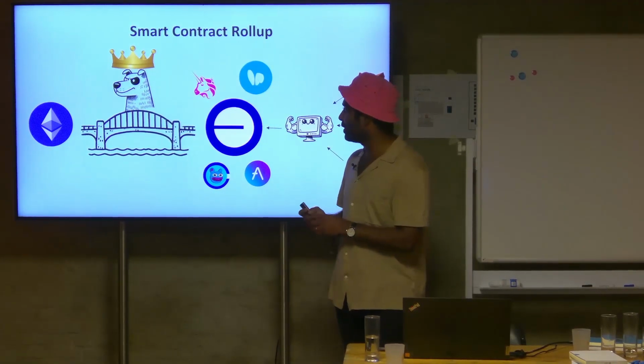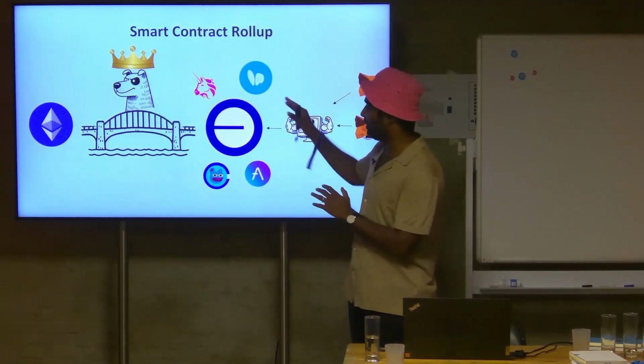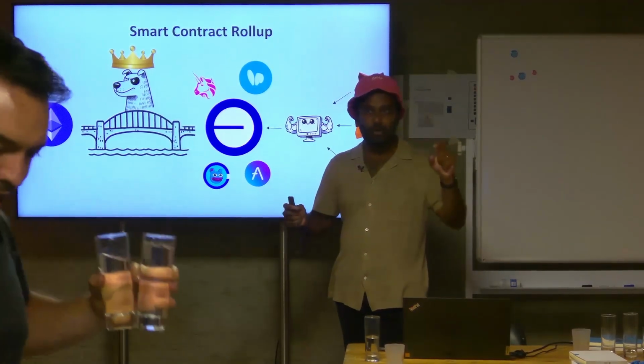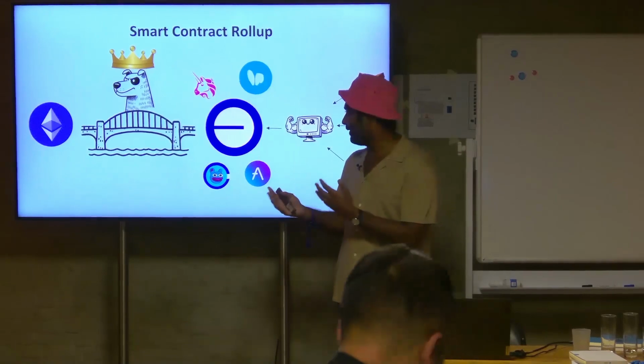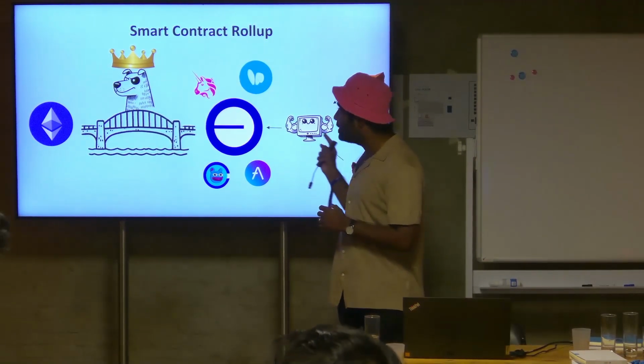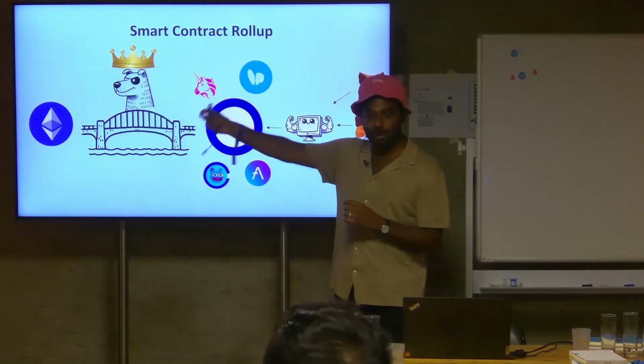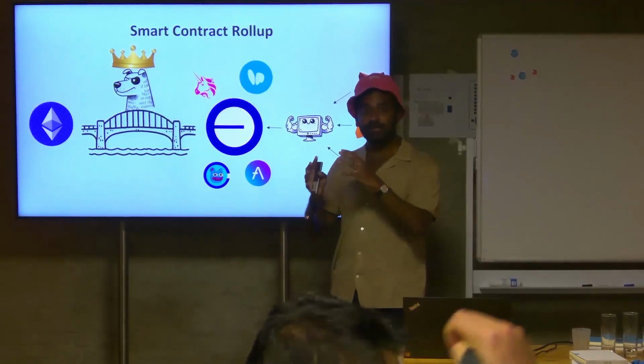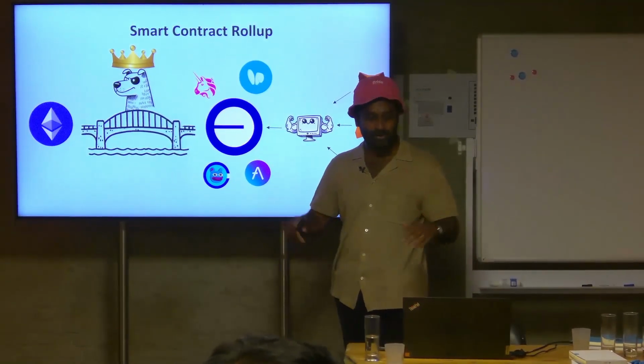I'm taking this example from earlier. If there's ever any disagreement in this whole image, where people at different states of the world think something is true, or they differ on what transactions were submitted, you always default to this bridge, in particular the smart contract side of that bridge, and that gets to determine the state for everyone else.